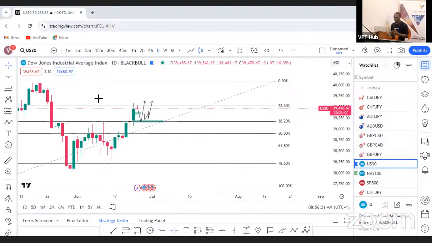Tuesday and Thursday are for commodity and indices asset classes. So there was no analysis on GU or EU today. We had analysis on AU, NZD, USD, and USD CAD, and I'm also doing an analysis on US 30 and NAS 100. By tomorrow, you get your bias for GU and EU.